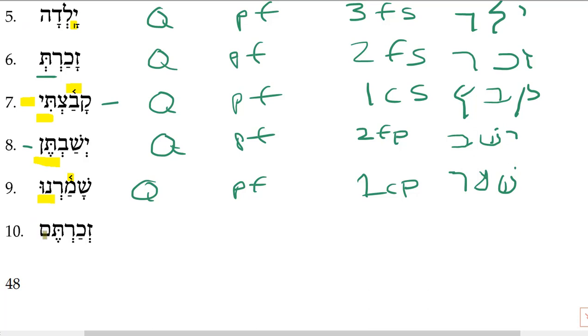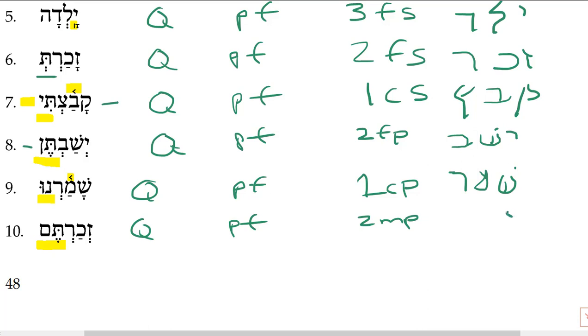So we have zakartem, zakartem. This tem ending is very characteristic of a perfect second masculine plural. And the vowels match Qal. So I have a Qal perfect second masculine plural.